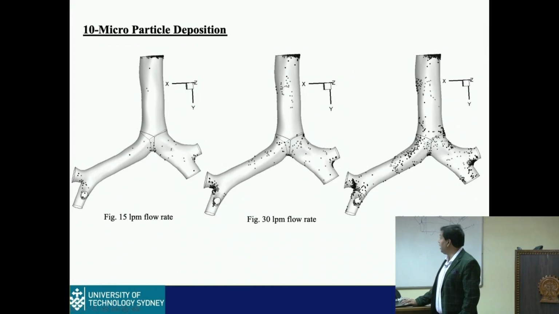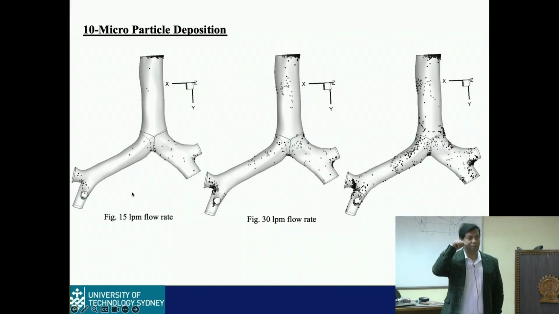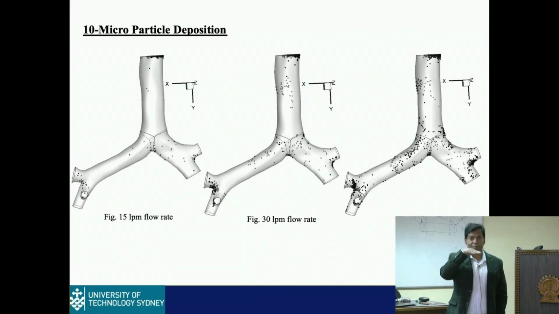The medium one also shows some deposition, but for slow breathing, meaning laminar flow, the particles follow the streamline of our air flow, so they can go to the deeper airways.